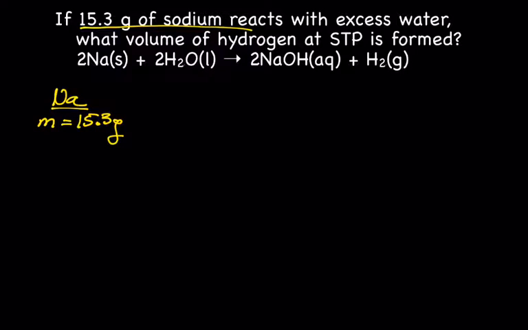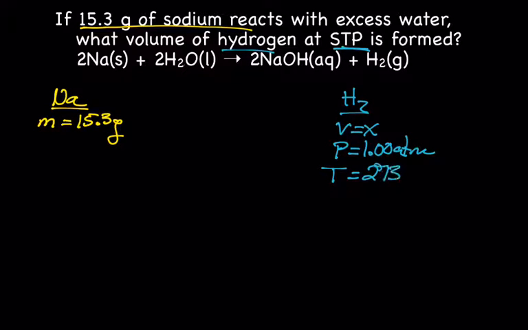So let's look at hydrogen. It's asking us for the volume, so we know our volume is X. We know that the pressure is 1 atm. We know that because of this STP. And we know the temperature is 273.15 K.